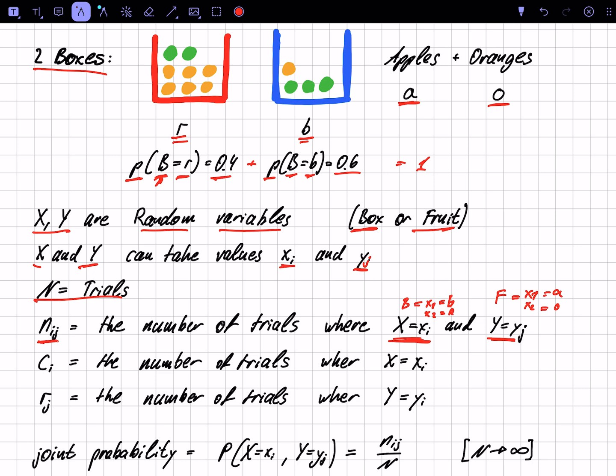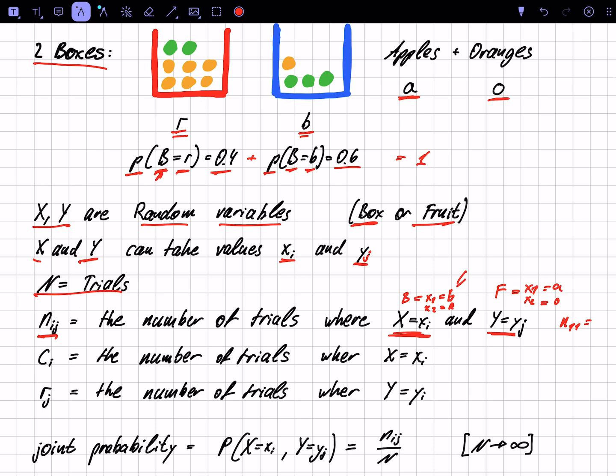And n_ij, for example, n_11 is that we have a blue box and we take an apple out of the blue box. So that's the number of trials. So that would be, for example, 6.